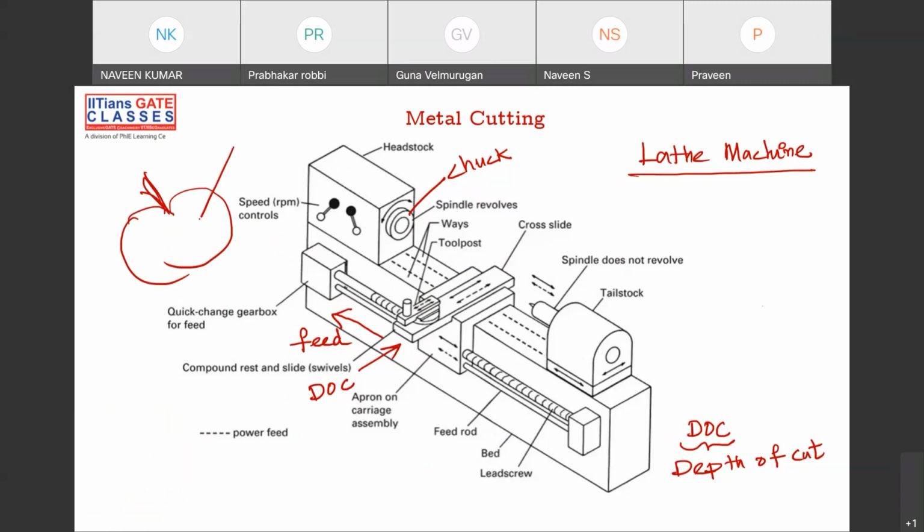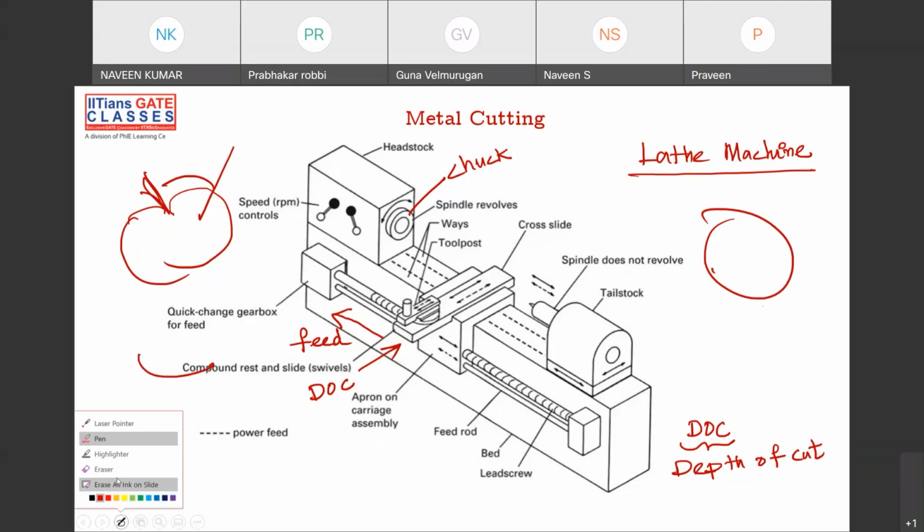You are plunging, and you are moving it, you are cutting it. Plunging is in this direction, and if you're seeing from top view, you are cutting it like this, making an arc. You're understanding what I'm saying? I can't show that.